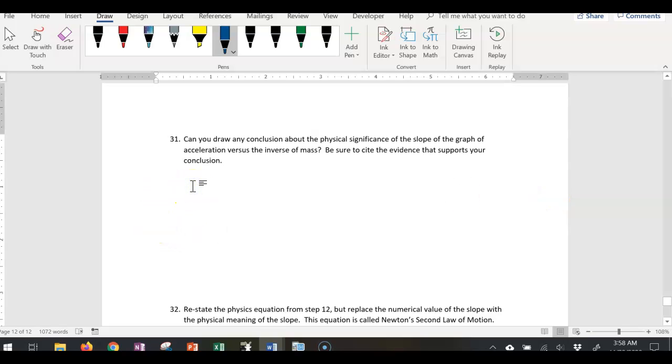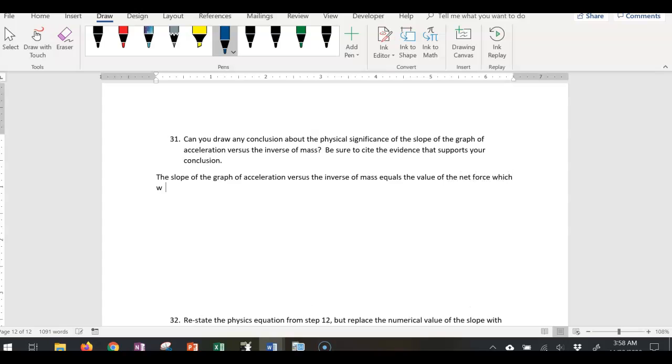The slope of the graph of acceleration versus the inverse of mass equals the value of the net force, which was held constant in the experiment.